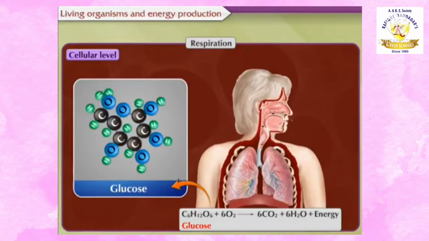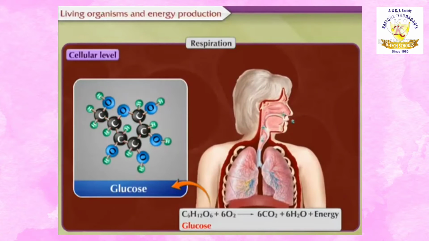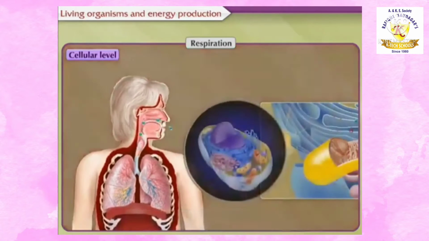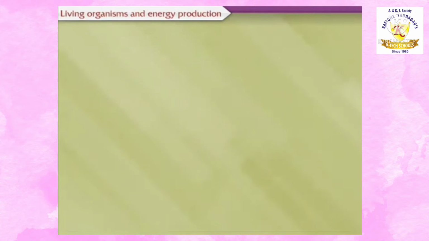All these atoms are combined together with a covalent bond. Understood, children? Now, let us learn about the mechanism of this process.